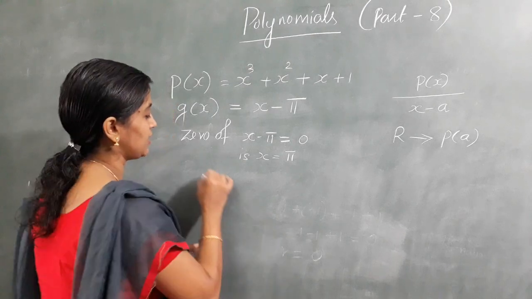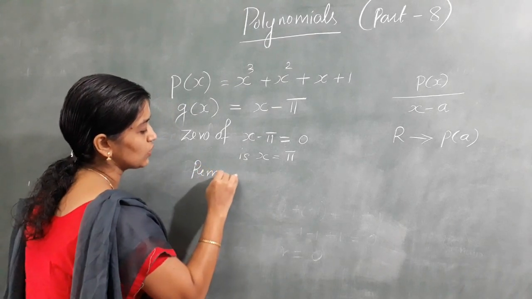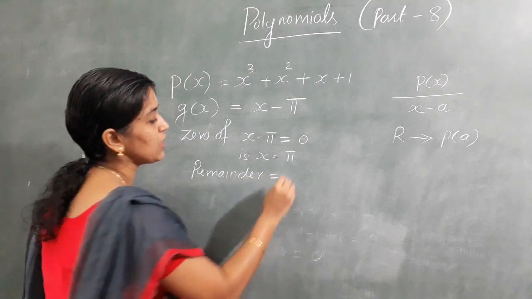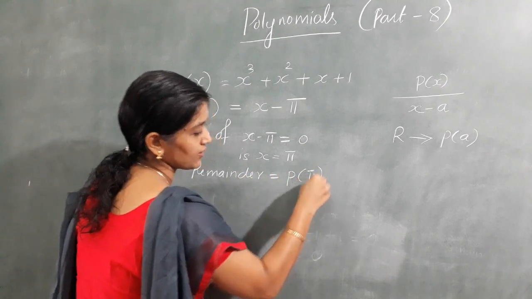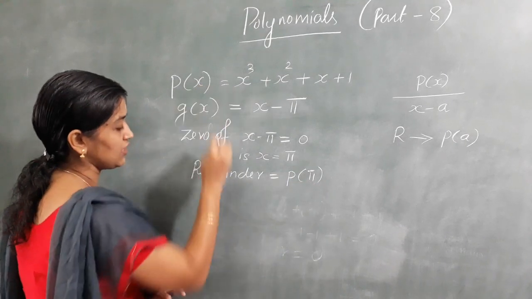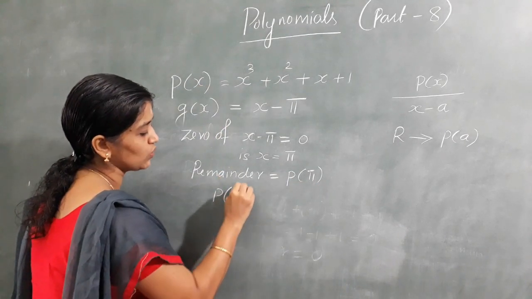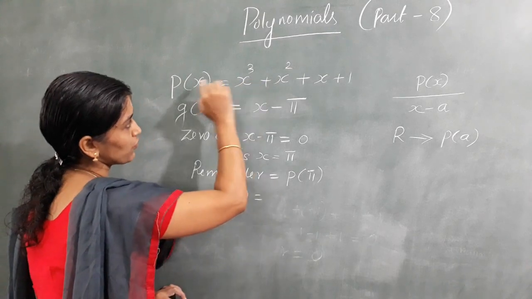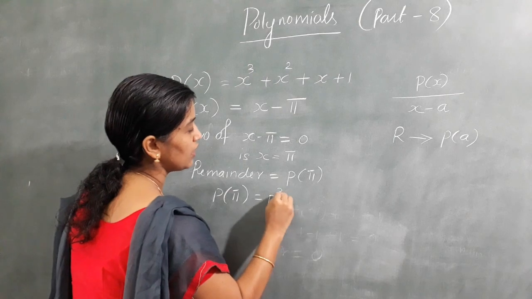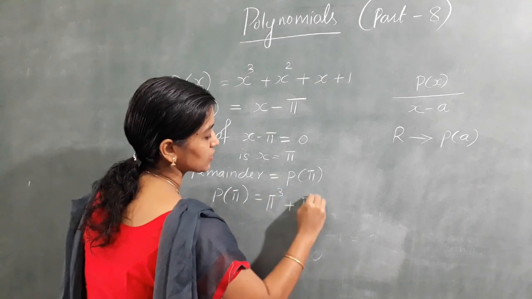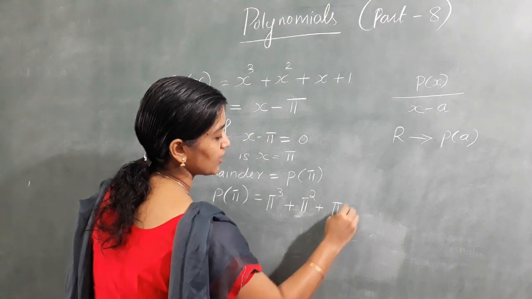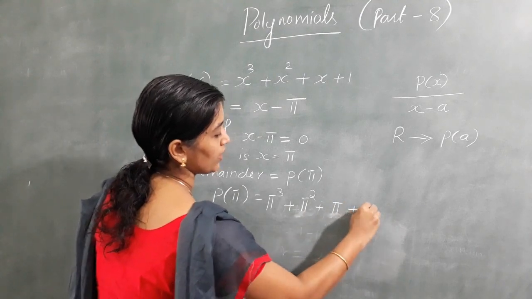So what will be the remainder? Remainder is equal to p of pi. Clear? So what is p of pi? Instead of x we are going to give pi. P of pi is equal to pi cube plus pi square plus pi plus 1.